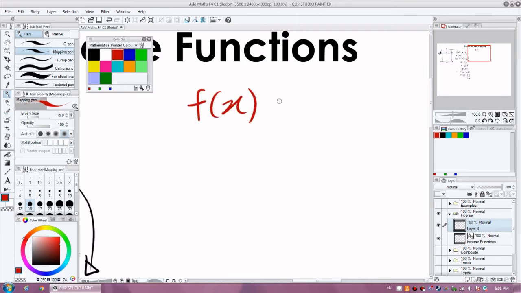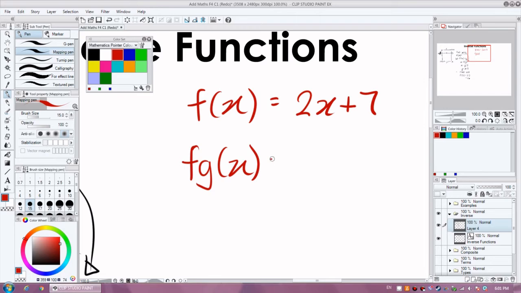f(x) equals 2x plus 7, and fg(x) equals, let's say, 4x minus 6.